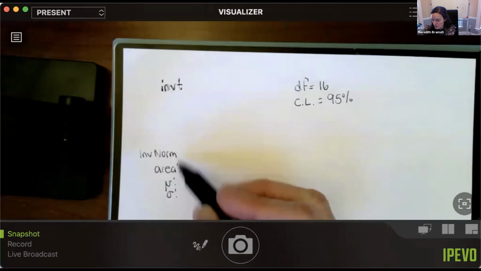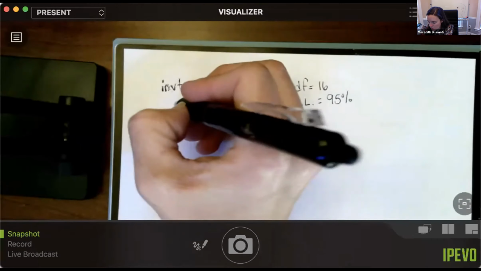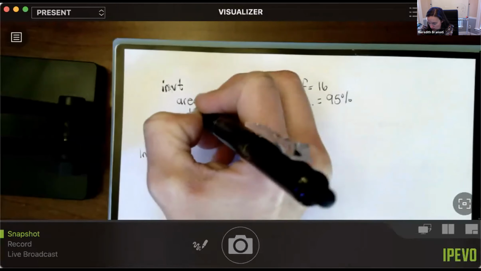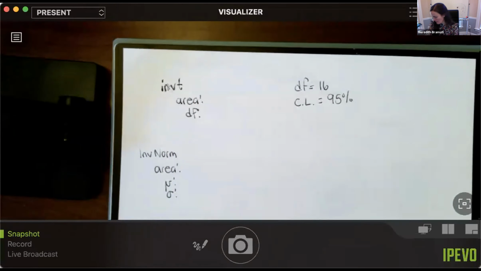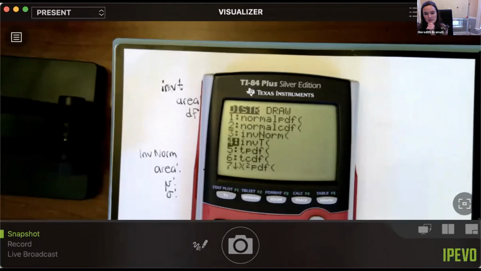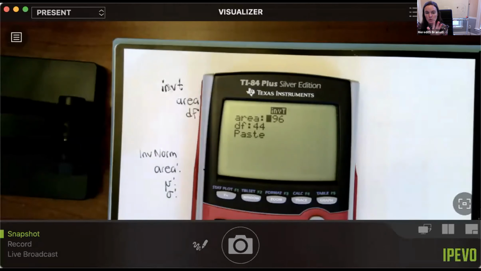We're gonna solve it the same way, except now we're gonna have area and degrees of freedom. I will show you what that looks like on your calculator. Second VARS, I see my invert T, and I hit enter, and it wants an area and a degrees of freedom. Those are the only two things that I need to plug in to get the T alpha/2 score.